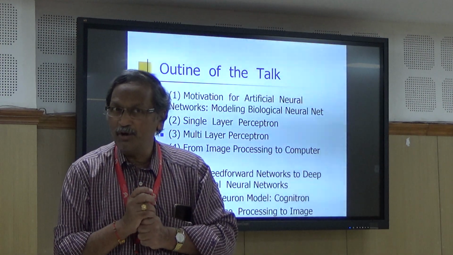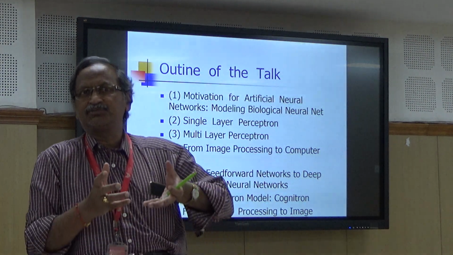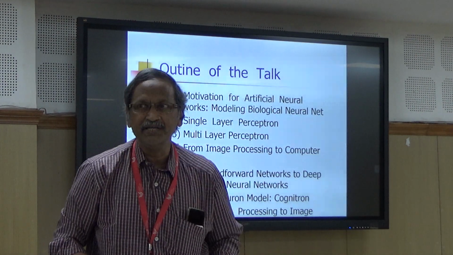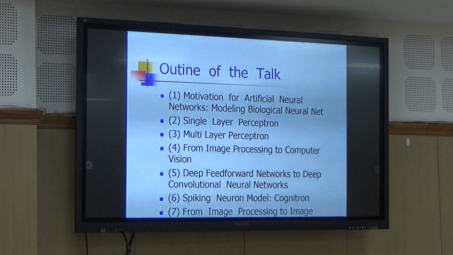And it so turned out, as the number of hidden layers was increasing, the accuracy started becoming higher, better. So deep feed-forward neural networks to deep convolutional neural networks. Then if I have time, I will go into spiking neuron model.